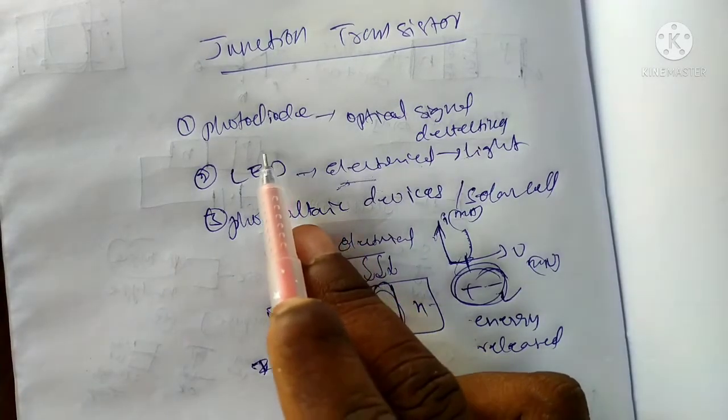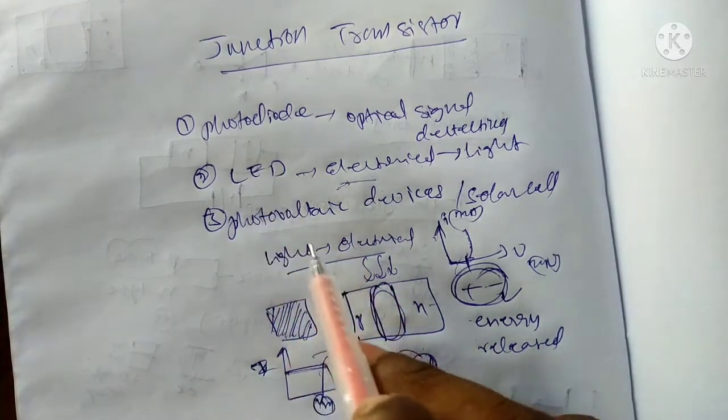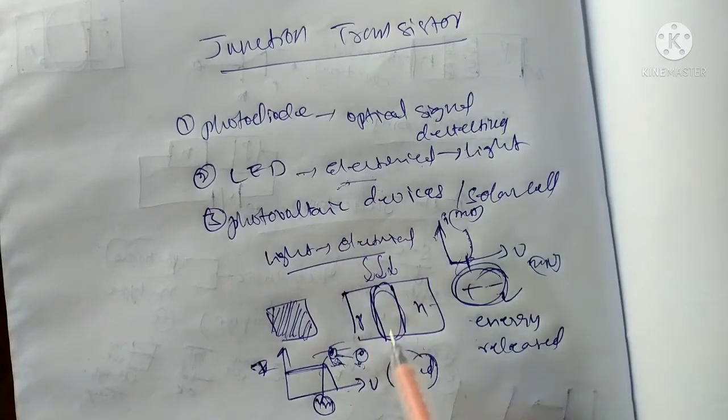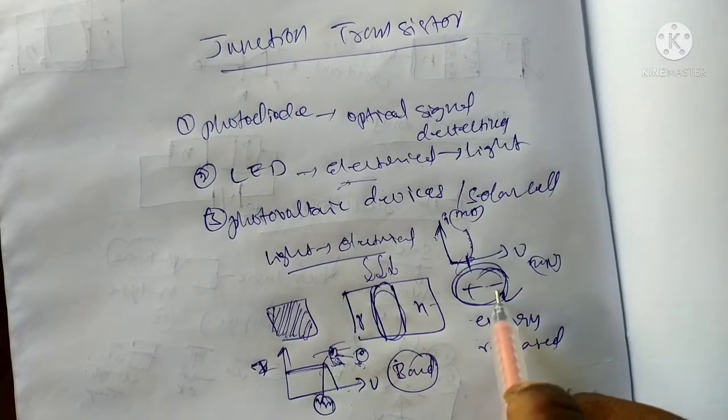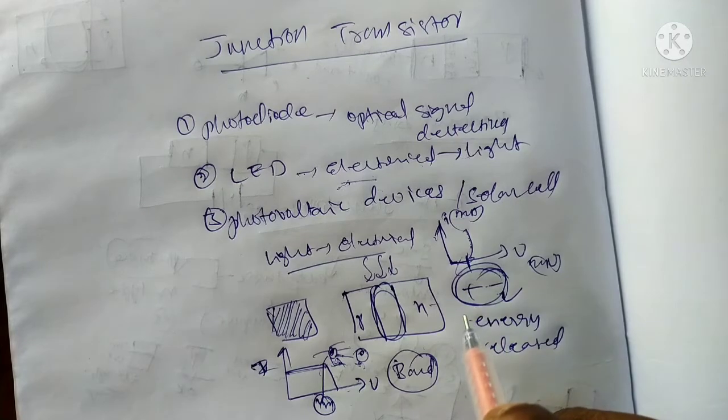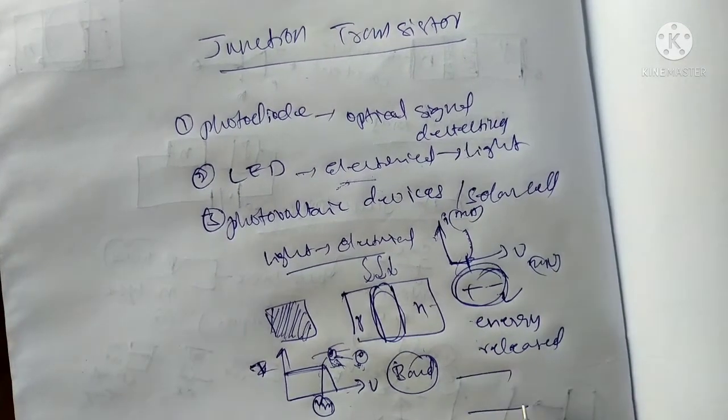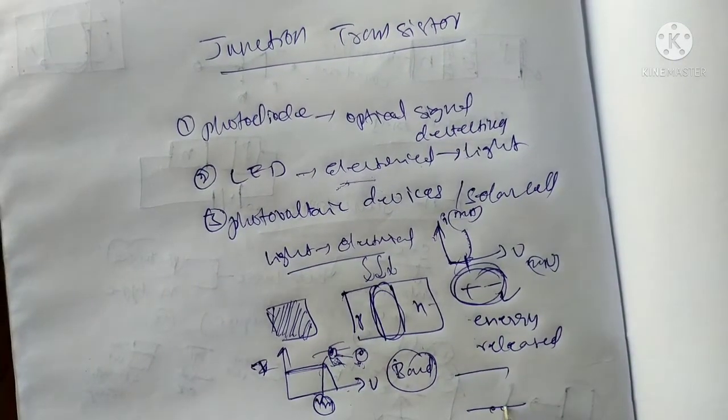The electron-hole pair generation appears in the case of the LED, photodiode and solar cell. The same phenomenon will appear, but the connection is different. Suppose electron-hole pair generation is created. It is spontaneous. Initially electrons are in the valence band.